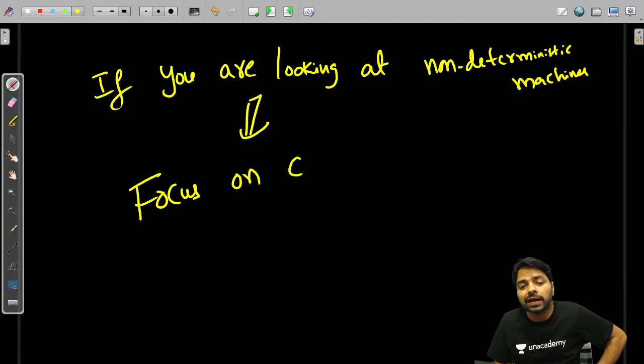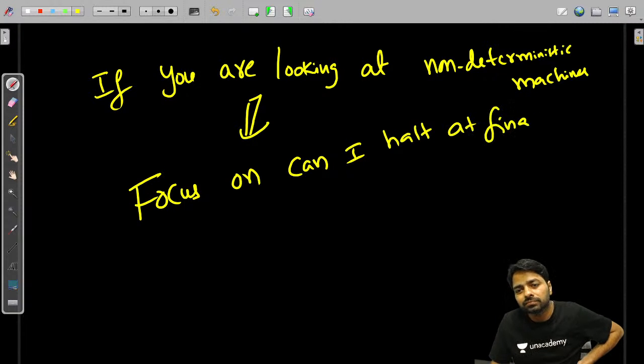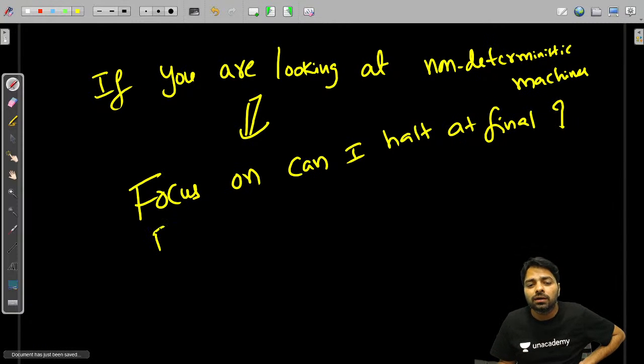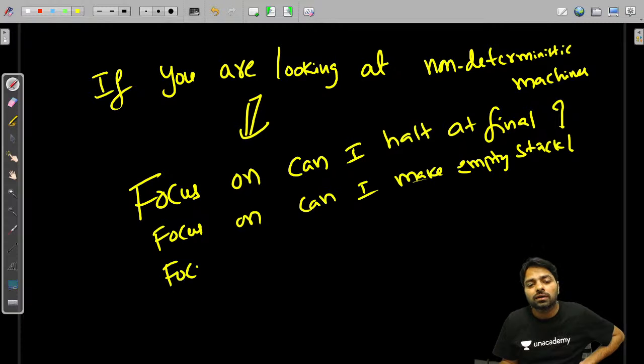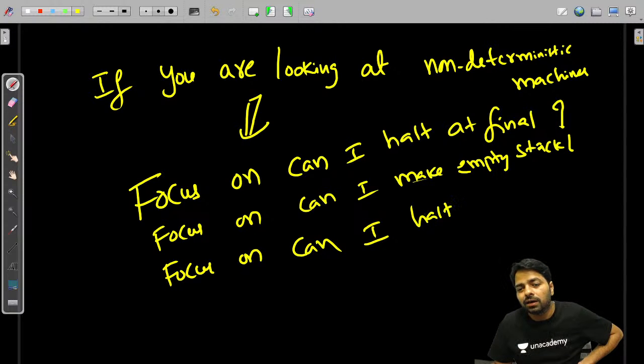Focus on can I halt at final, can I make empty stack. Don't focus on other paths. Focus on can I make both, can I halt at final and empty stack.